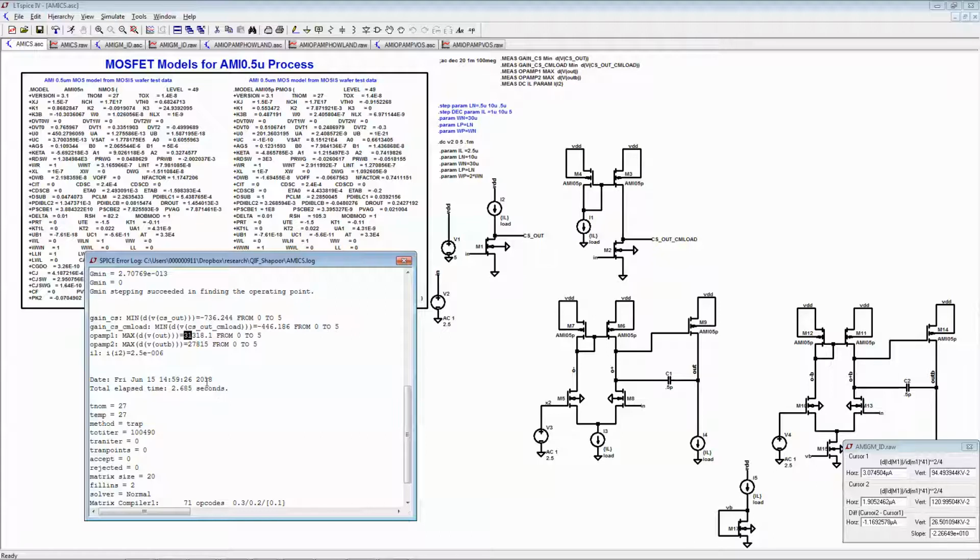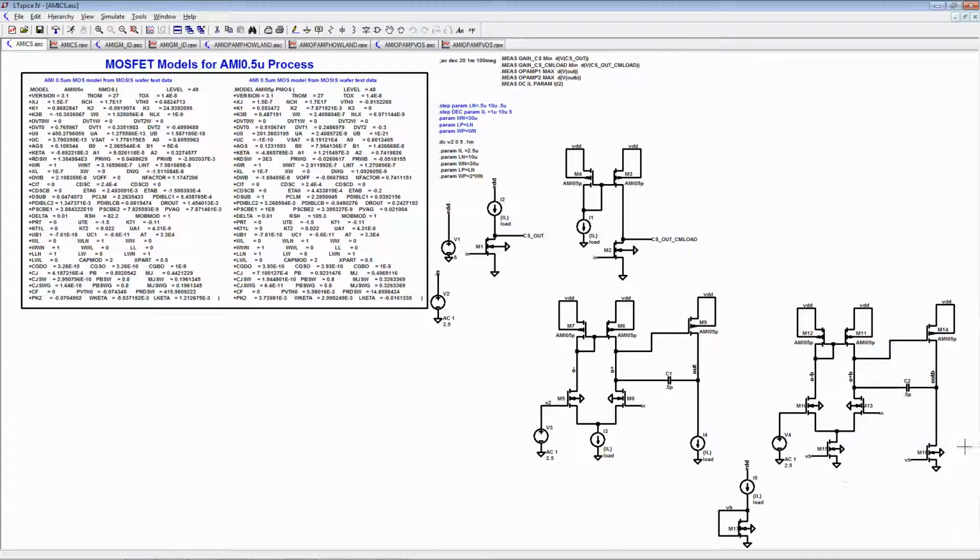All right. Then I thought, what about if now we put, instead of current sources, we actually put the NMOS transistors, right? So this sets up the current mirror. That bias voltage goes here and here.